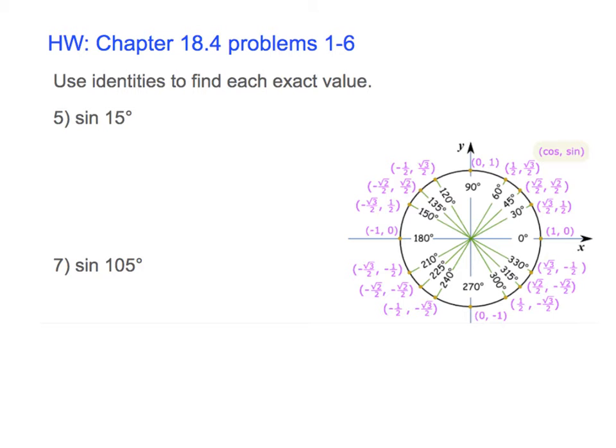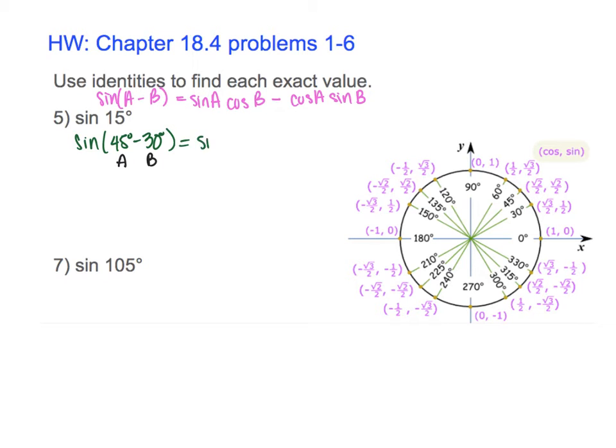So if I wrote this as sine of 45 minus 30, I know that that would subtract to give me 15. But now the question is, what is sine when you subtract an angle from another angle? Well, sine is sine of A cosine of B minus cosine of A sine of B. So in this case, if I were to follow this, A is 45, B is 30 degrees.